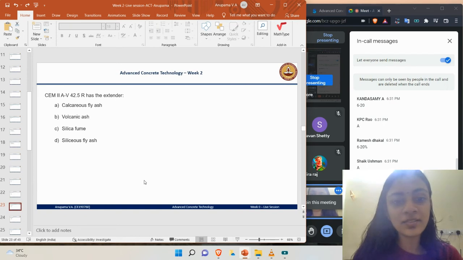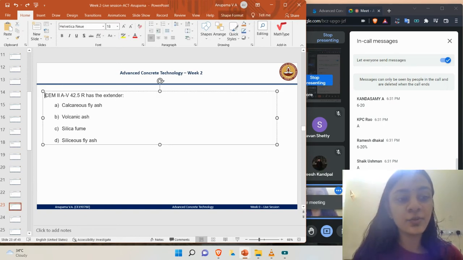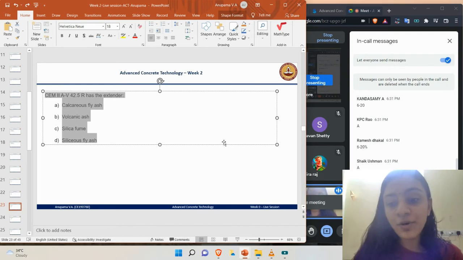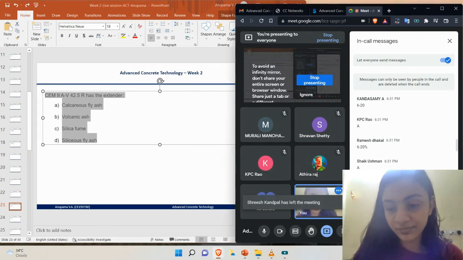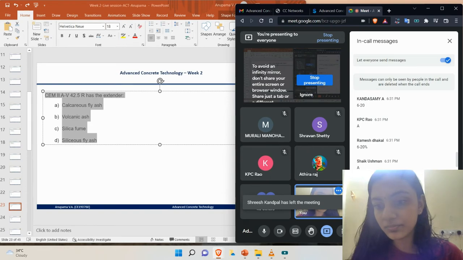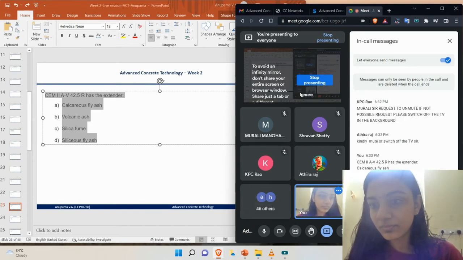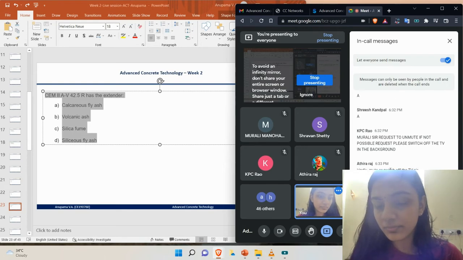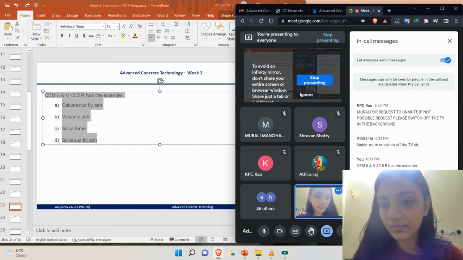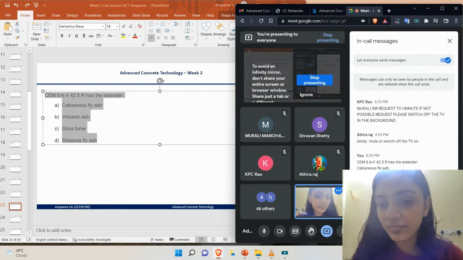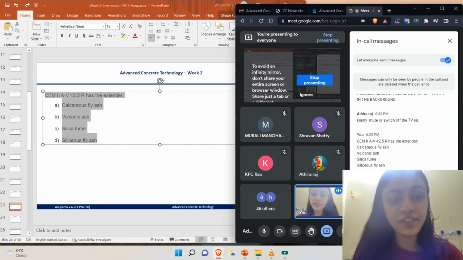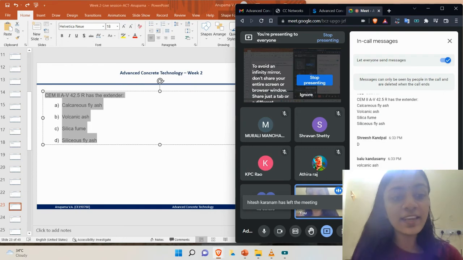Again, the same cement, SEM 2A V 42.5R. What type of extender does it have? SEM2A hyphen V 42.5R has the extender calcareous fly ash, volcanic fly ash, silica fume, or siliceous fly ash.